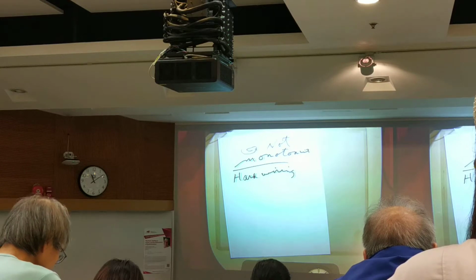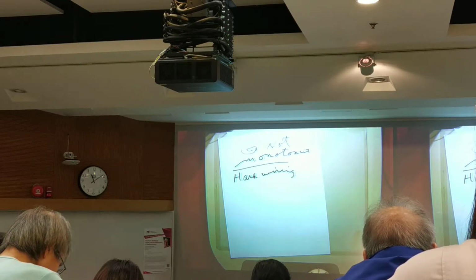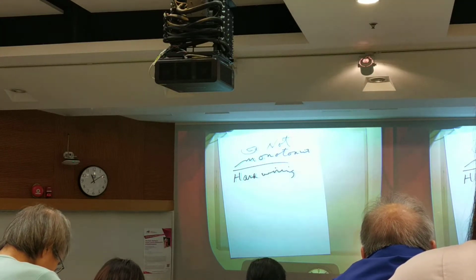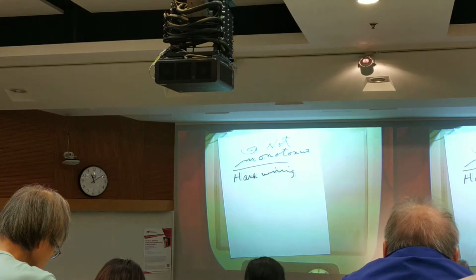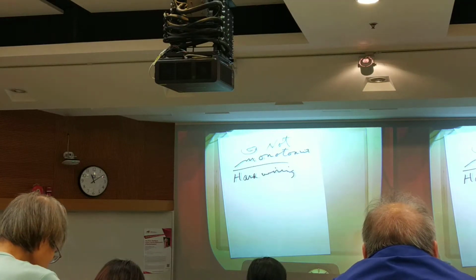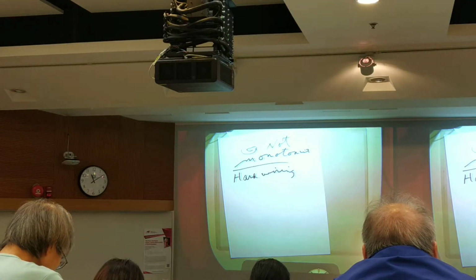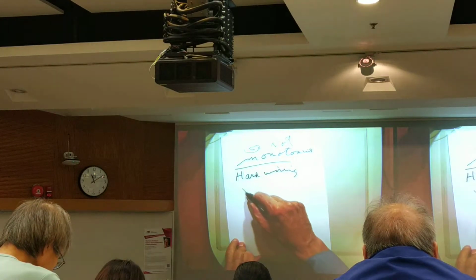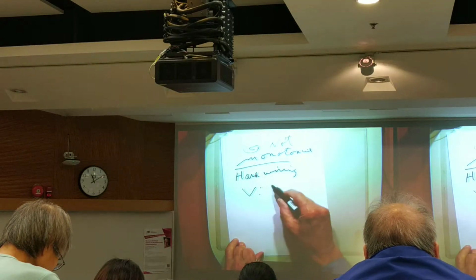So the way I've been pursuing this is to take Morse theory of a potential on the torus. So here's the main idea. We have a potential V on the torus.